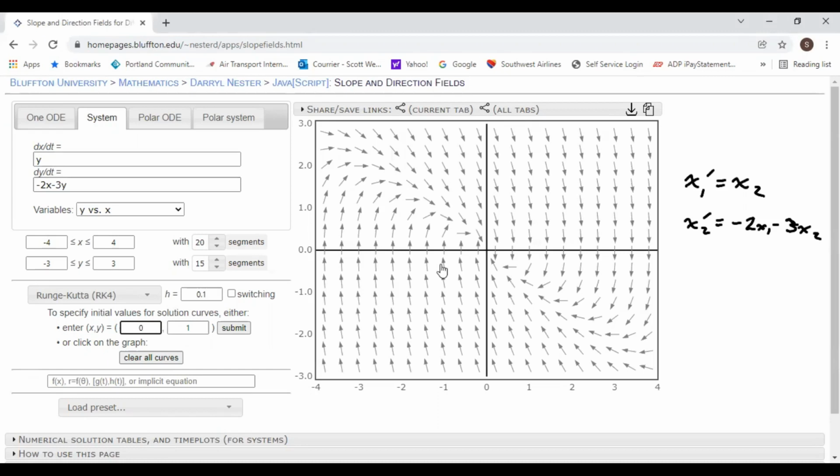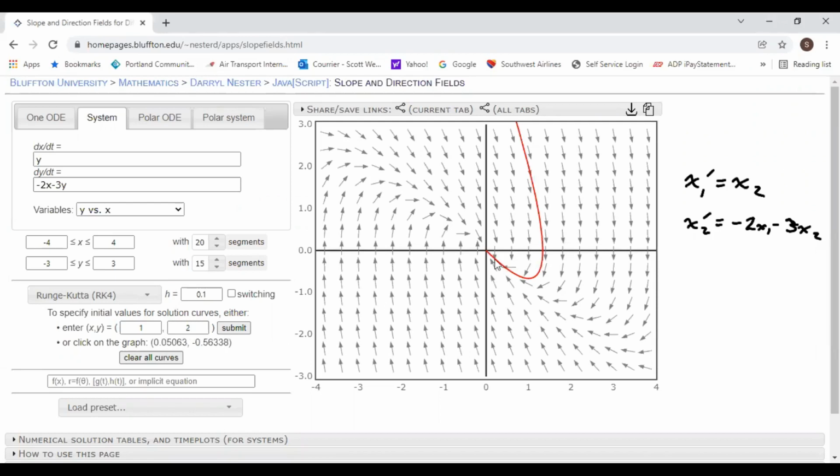So then we will just put those in here. So this was 1 and 2. All right, so that's what our solution curve looks like. It just is swooping down like this, and this is y, this is x. So we are looking at the trajectory of y versus x.